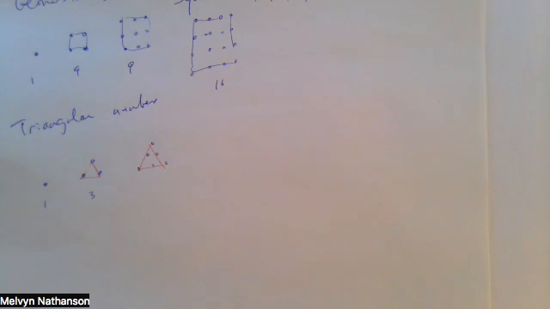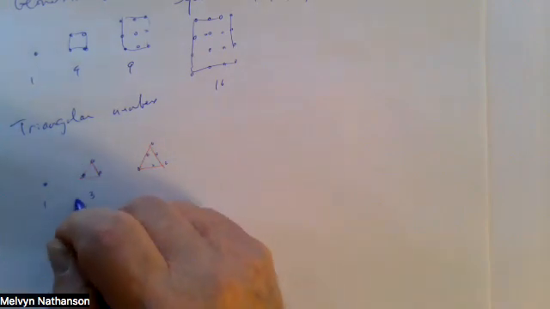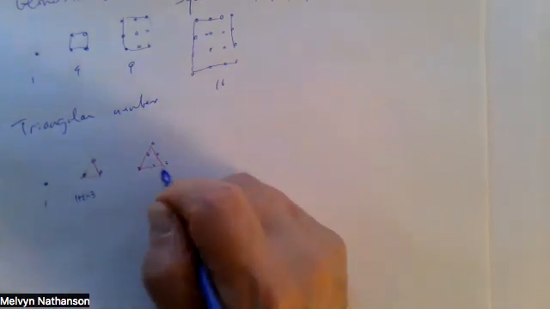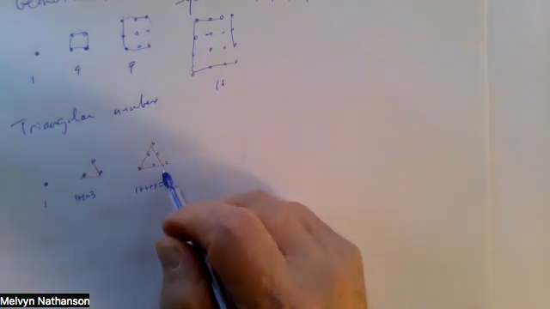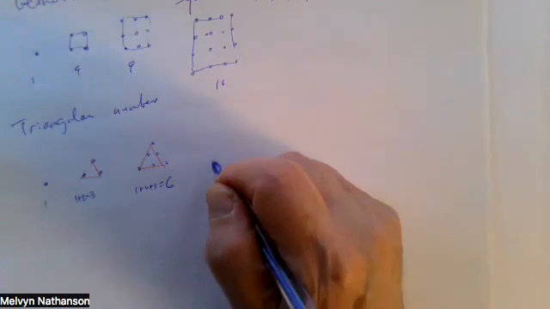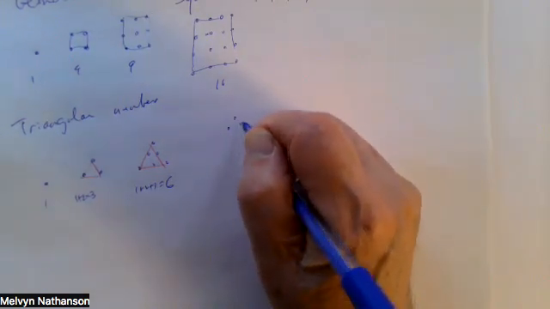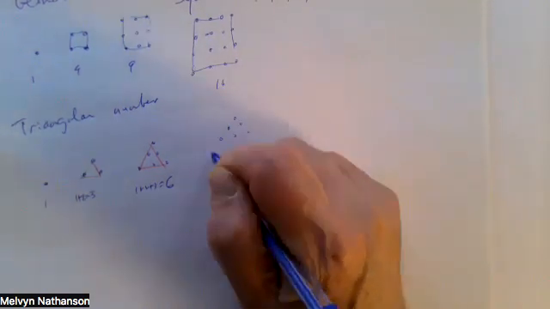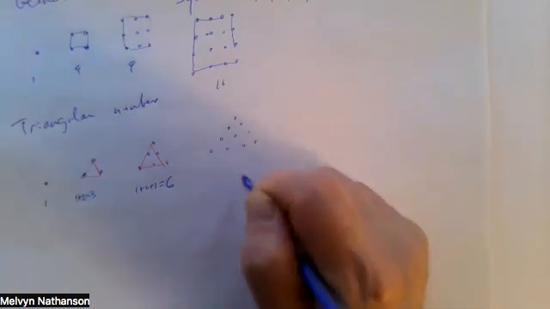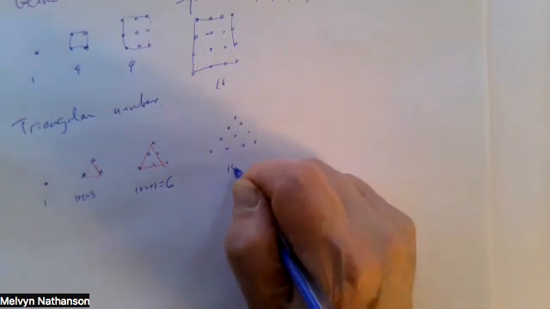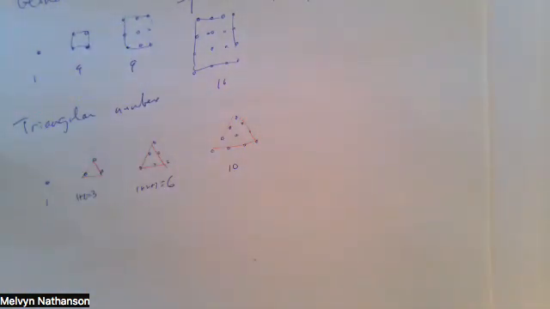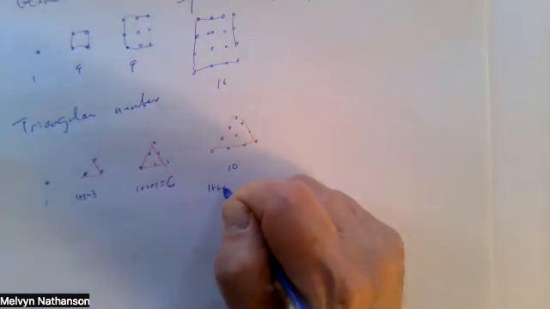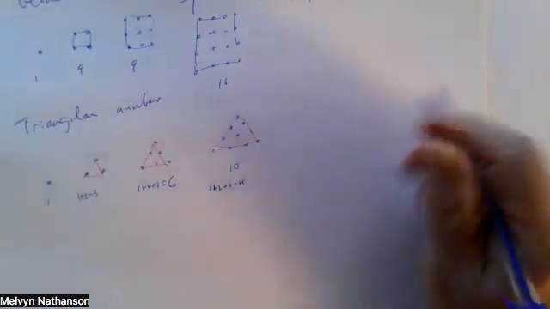If you count up the number of dots, this is 3, which is 1 plus 2. Here I have 1 plus 2 plus 3. I have 6 dots. That's the third triangular number. If I take 1, 2, 3, 4, you have 10 dots, which is 1 plus 2 plus 3 plus 4.